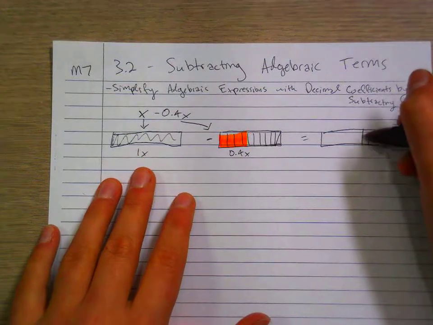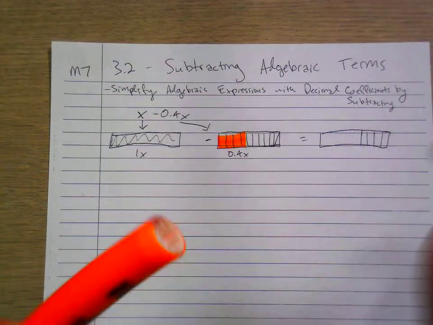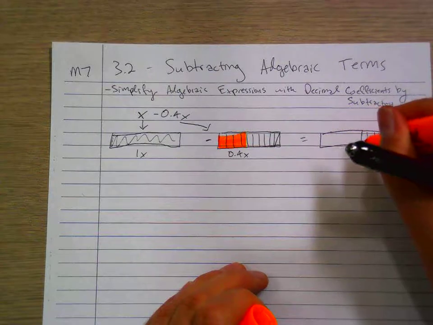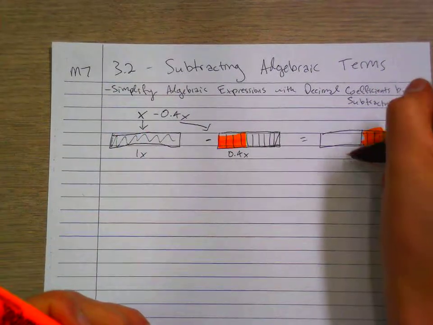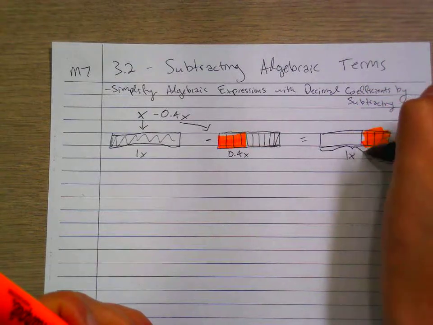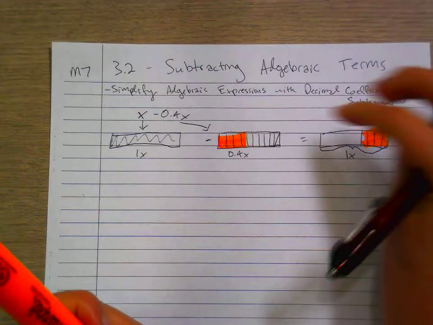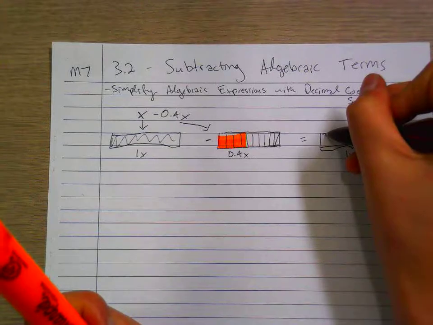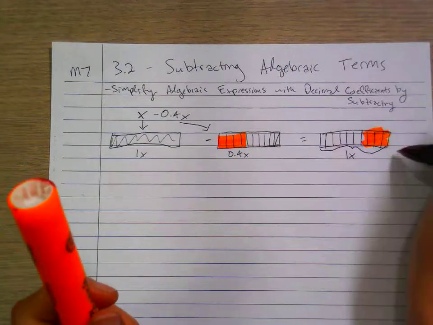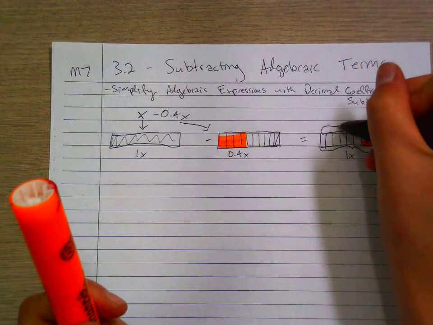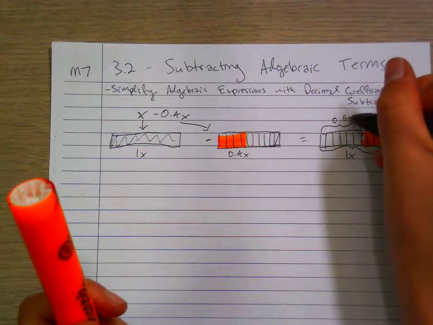We don't have them. So we started with the whole thing, just like here we started with 1x. We took away these 4 because they're negative, and we're left with 1, 2, 3, 4, 5, 6 sections. 10 total, we are left with these 6, so it's 0.6x, and that's our answer to this problem.